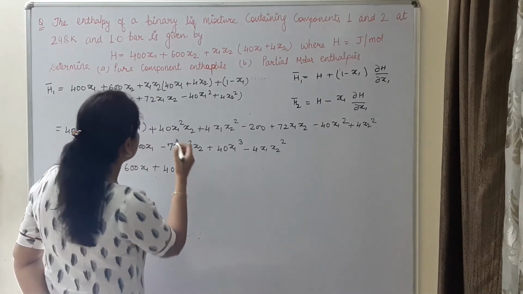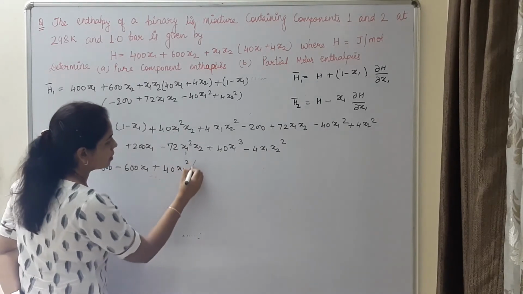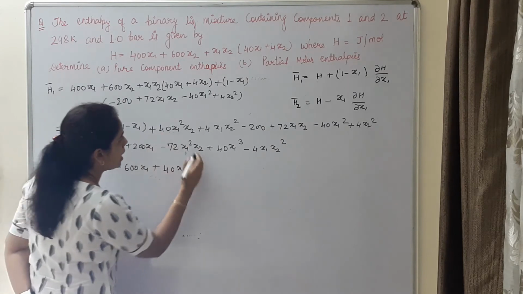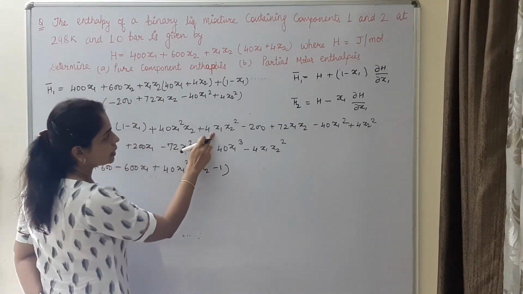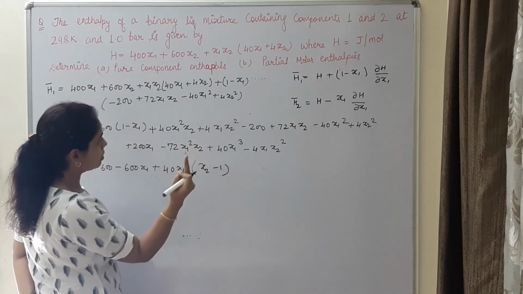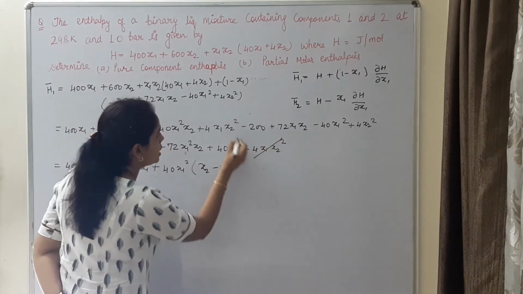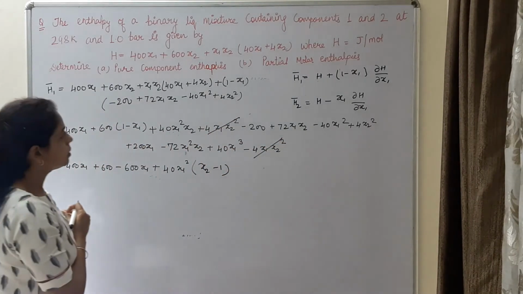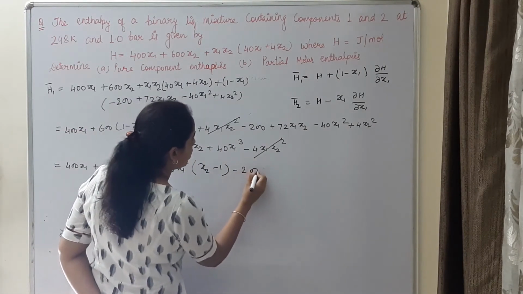Anything else? Okay. So what we do, 40 x1 square, 40 x1 square, we take x1 common, and then we have x2 minus 1. Okay, then we have 4 x1 plus x2, so these two cancel, and anything else, then we have minus 200.